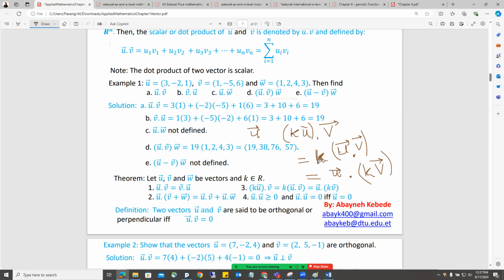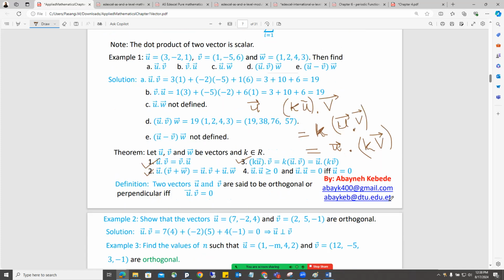So what are those expressions? k times u dot v and also u dot kv vector. Is it clear? Okay. So those are the first three identities we have.